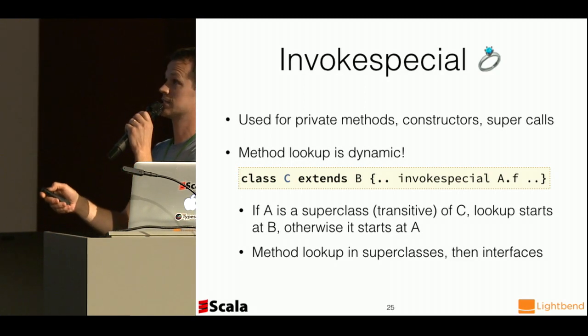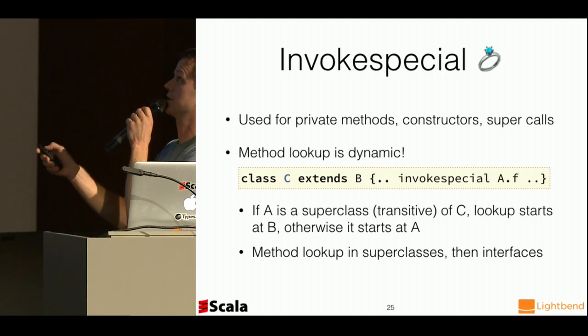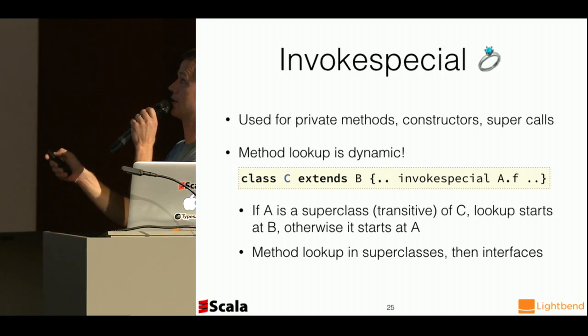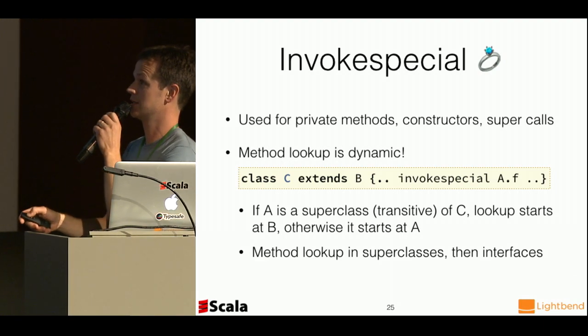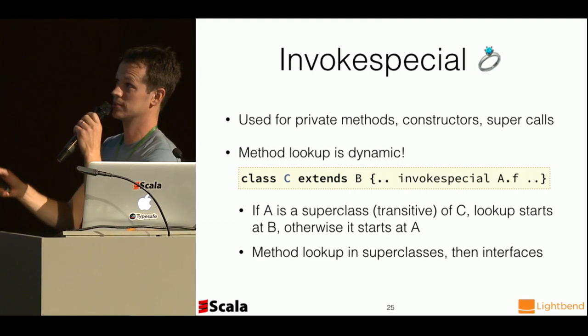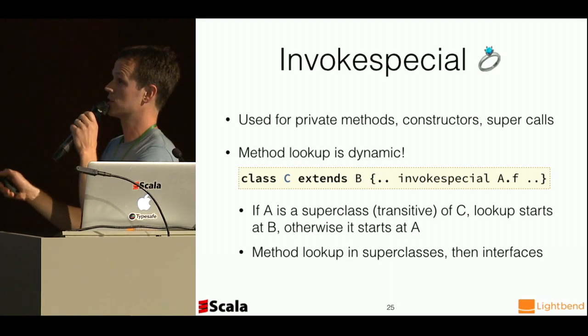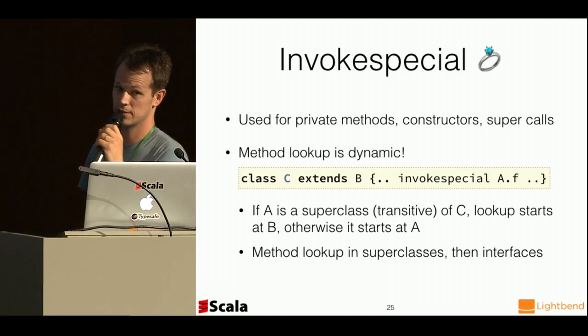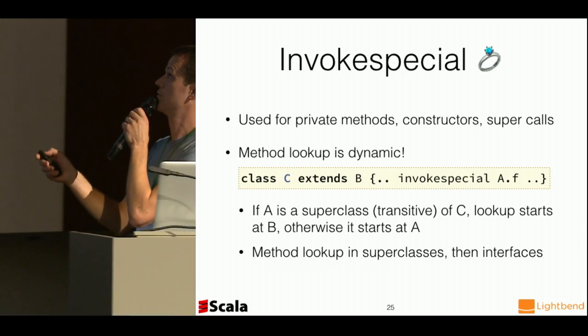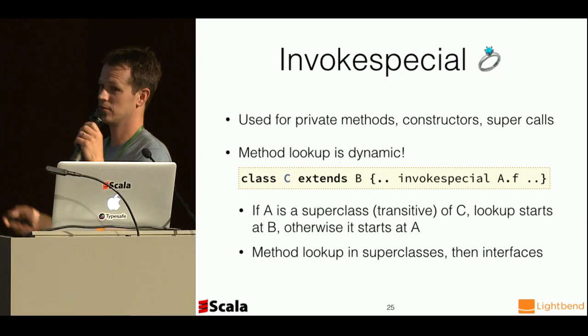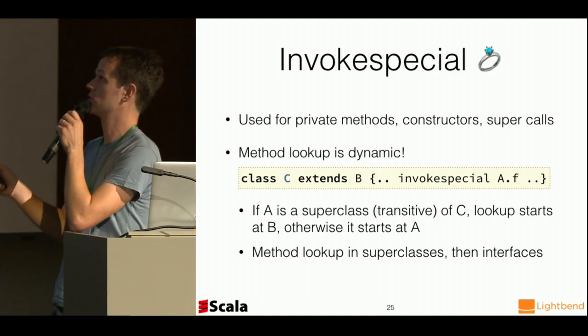If you have a class C that extends B, so B is a superclass, and then you have an invoke special A.f, where A is a class and actually a superclass, transitively, then the method lookup doesn't start at A, but it starts at B. That's specified. And if A is not a superclass, or A is a trait, then method lookup will start at A.